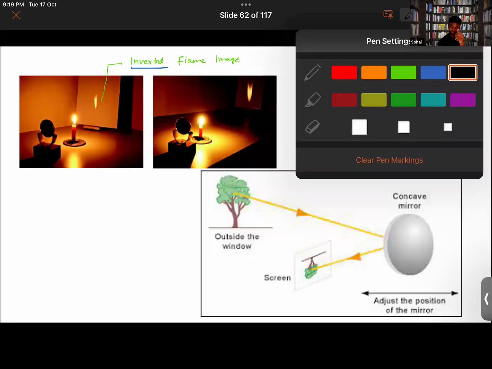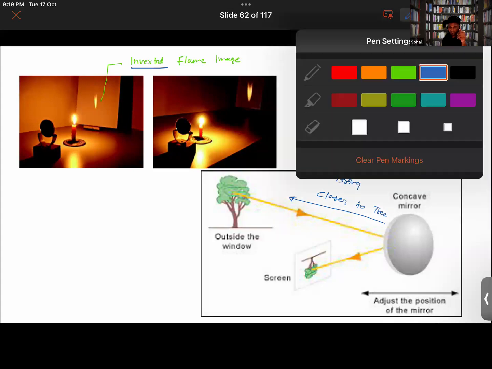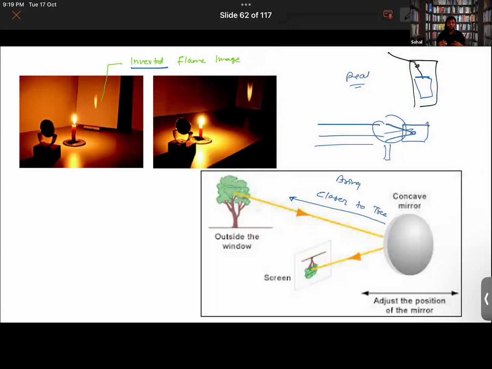I basically mean to say that if you were to bring this concave mirror very close to the tree, at that time, will you be able to get the image of the tree on the screen?